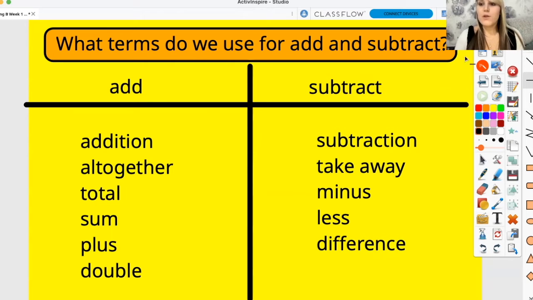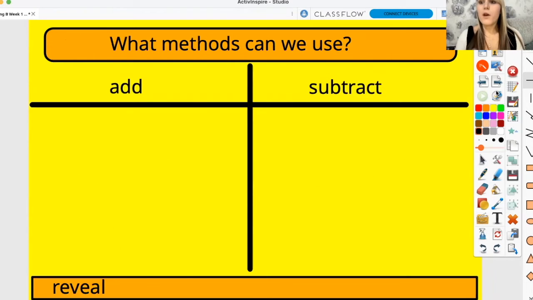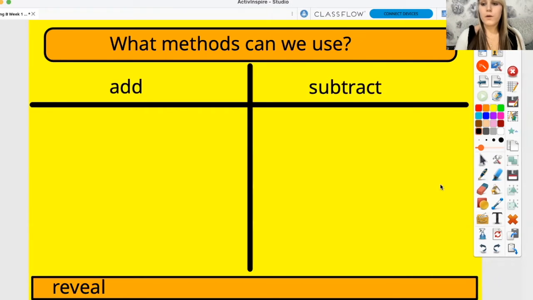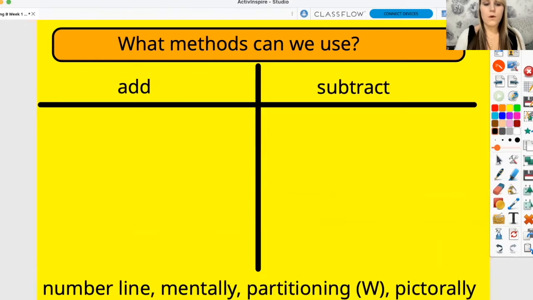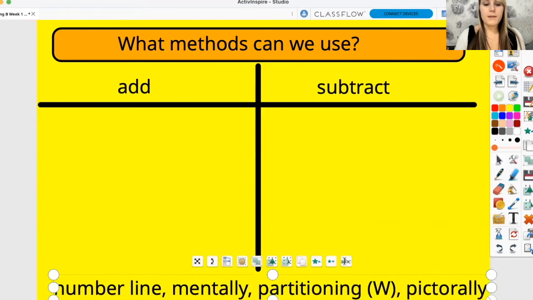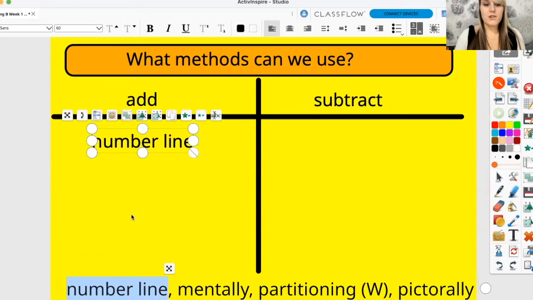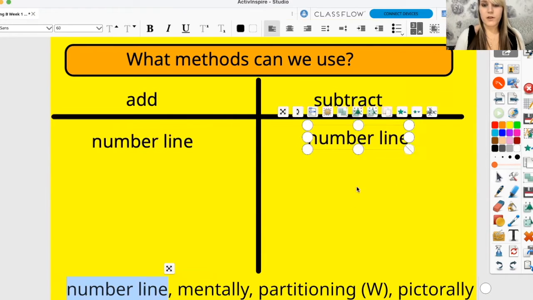Well done. So once we know all of the terms that we can use for addition and subtraction, we need to think about the methods we can use. The operations are add and subtract. The method is how we solve it. So what could we use? We could use the number line for both addition and subtraction.